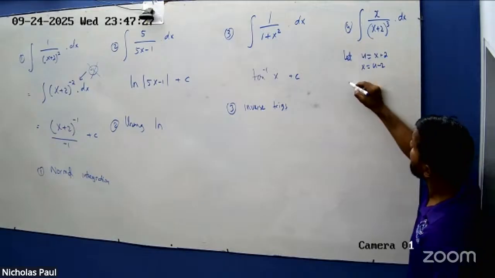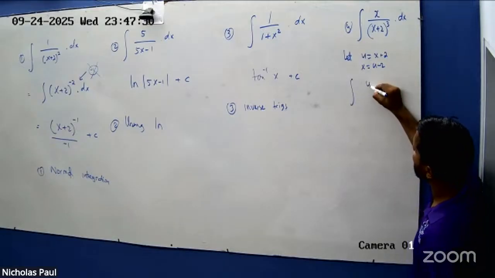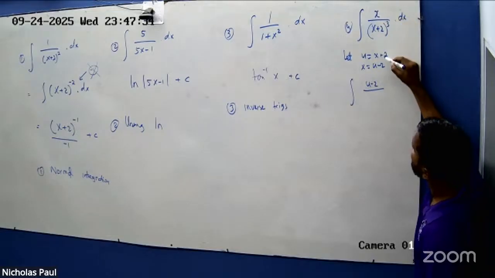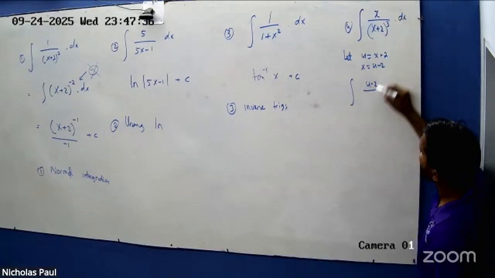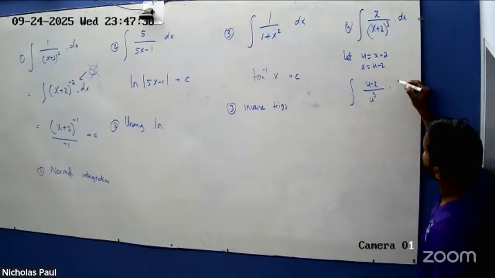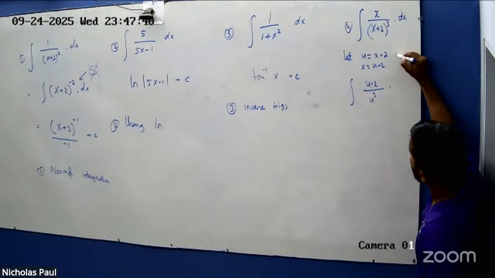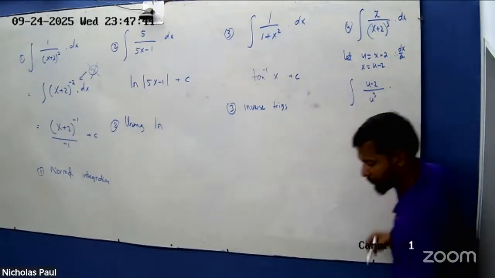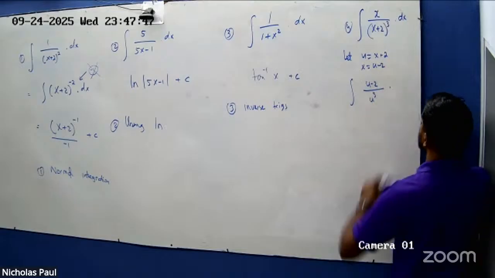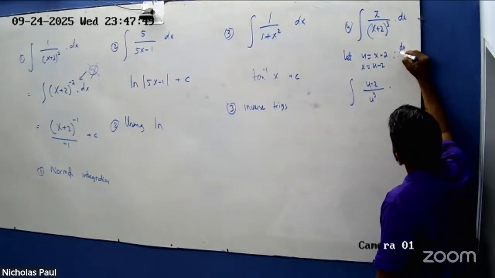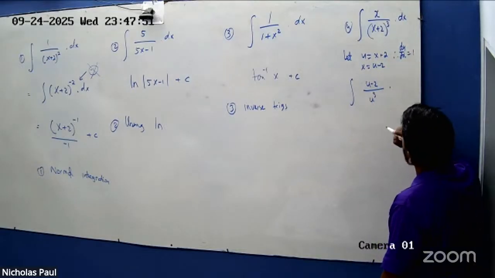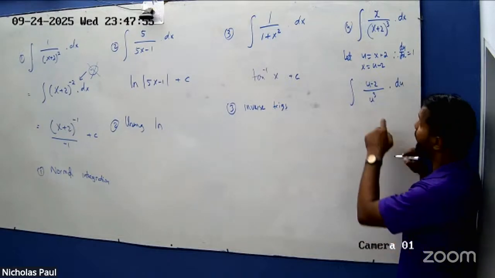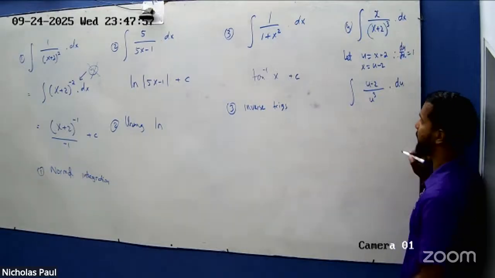You'll end up with the integral of (u minus 2), because I let x equal u minus 2, over u cubed, and of course we have to find du: dx is equal to 1. So the fourth option is integration by substitution.